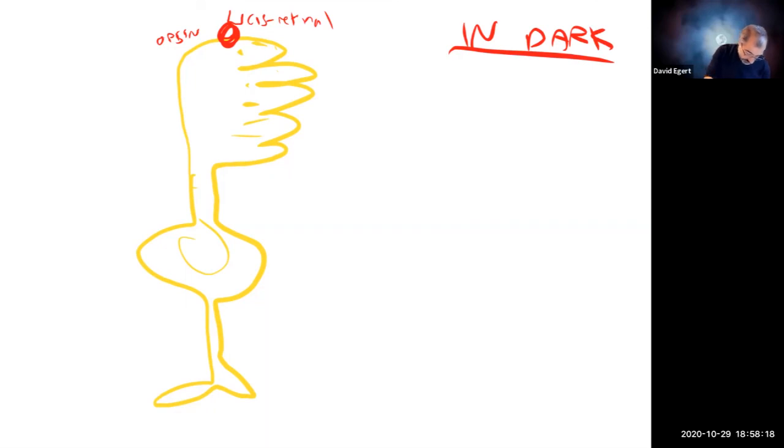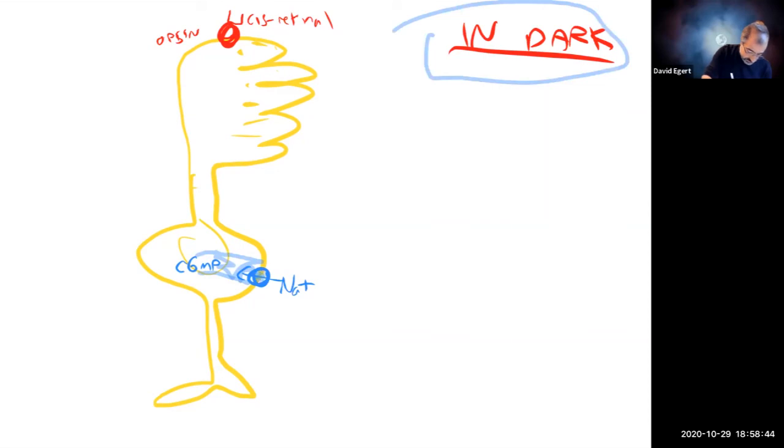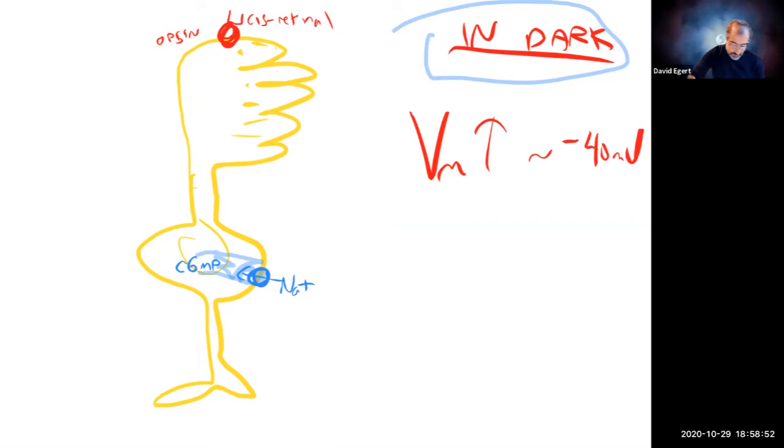We've got these sodium channels that are letting sodium in, and these are held open by cyclic GMP. Cyclic GMP is necessary to hold these sodium channels open. So in the dark, sodium channels are open, sodium's coming in, which means the membrane voltage is going up, and it's around minus 40 millivolts. So this is the situation that we're starting with before light hits the retina.